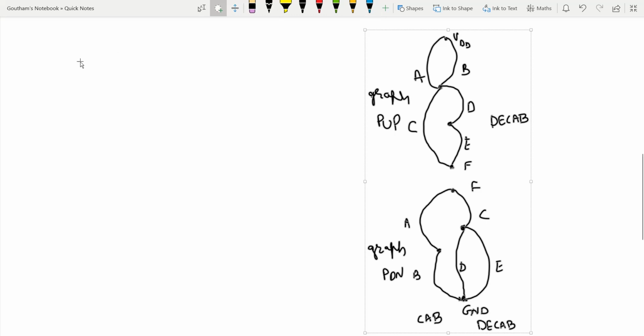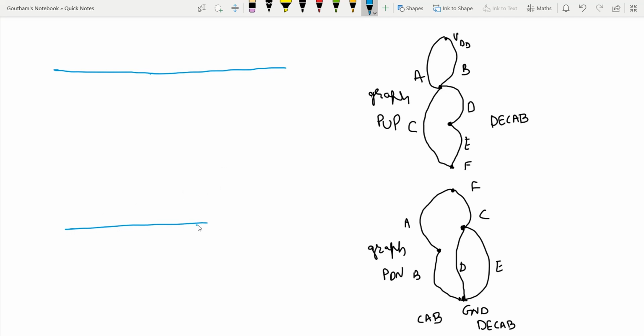So what is the first step in drawing any stick diagram? We draw VDD and ground. Okay, so this is my VDD and this is my ground. VDD and ground are always in blue because they are connected in metal.